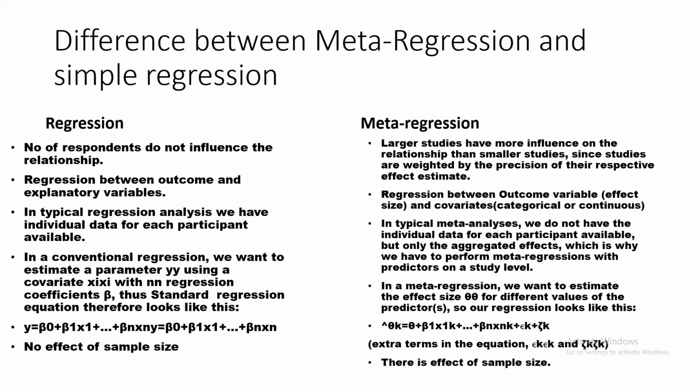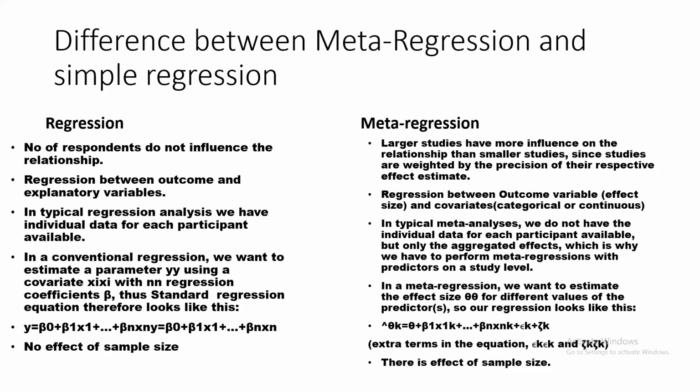Number one. Number two, the number of respondents in regression does not influence the relationship. But in meta regression, remember, we studied yesterday in the fixed model, the larger the sample size, the more weightage was being given to a study.